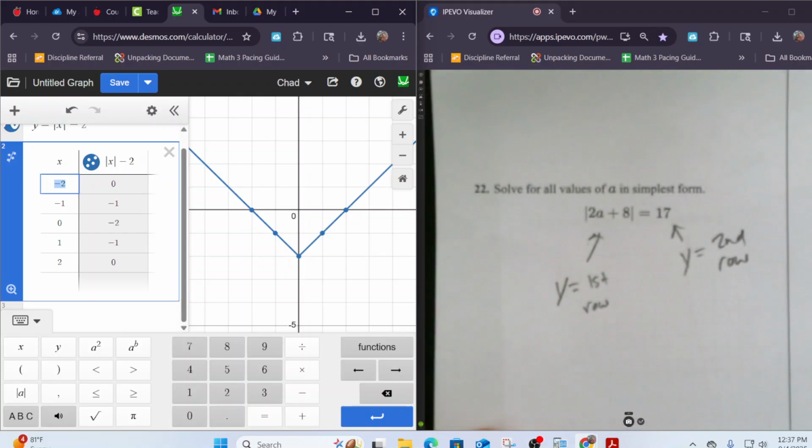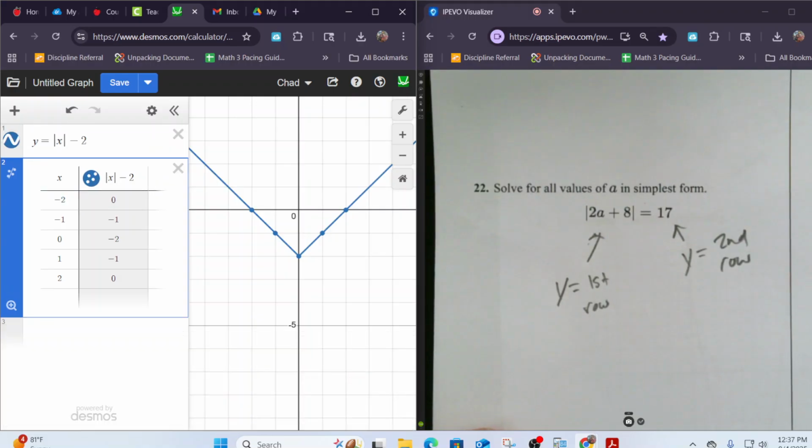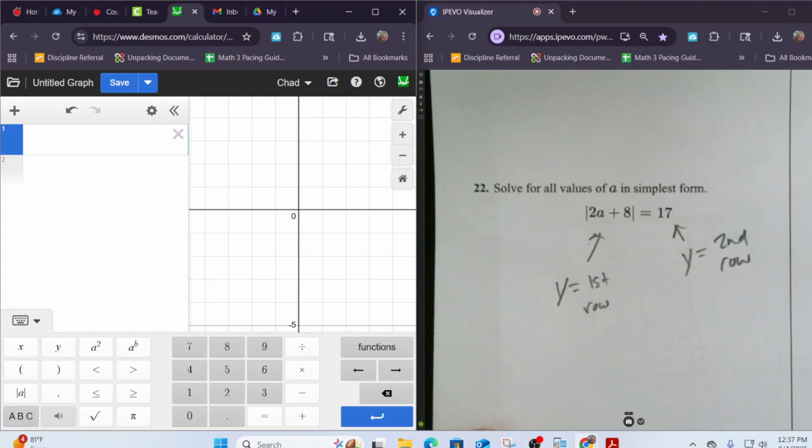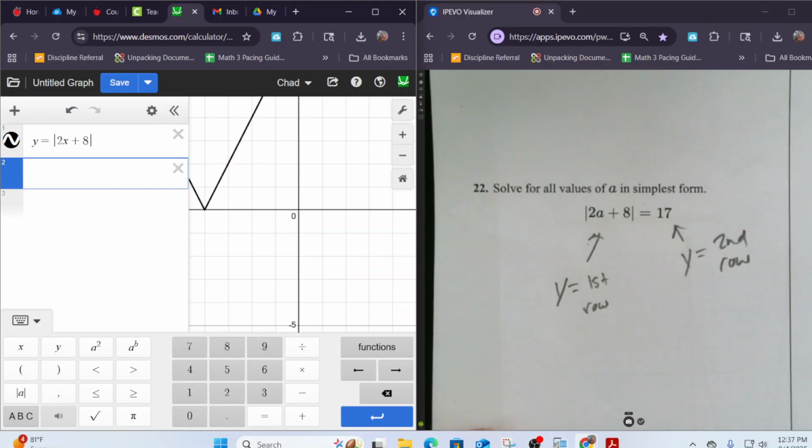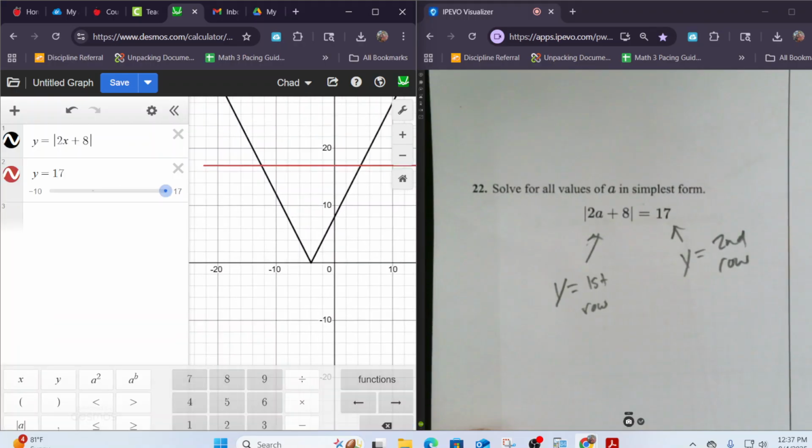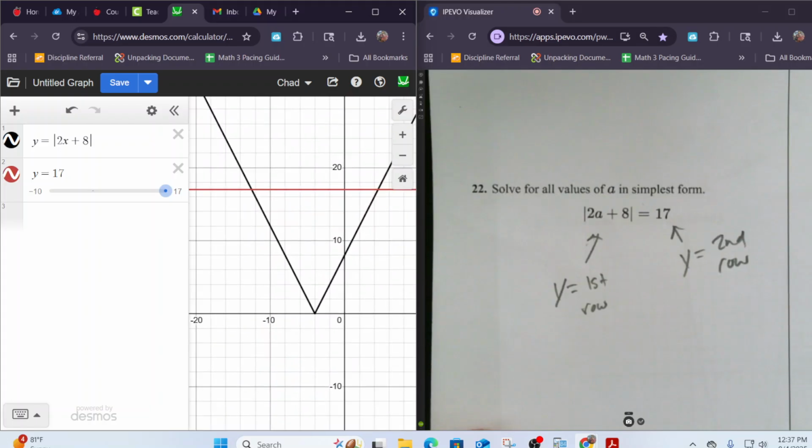Okay. Now, all right, guys, remember, all you do is go where they cross, the V, your absolute value, go see where they cross.